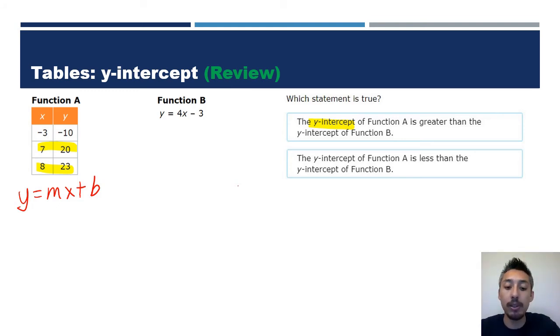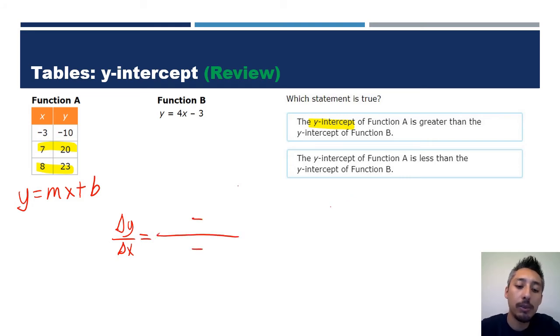In order to find slope, we know that is change of y over change of x, which in this case, we're going to subtract our y's and subtract our x's, just like before. Our y's are 20 and 23, so let's subtract 20 minus 23.